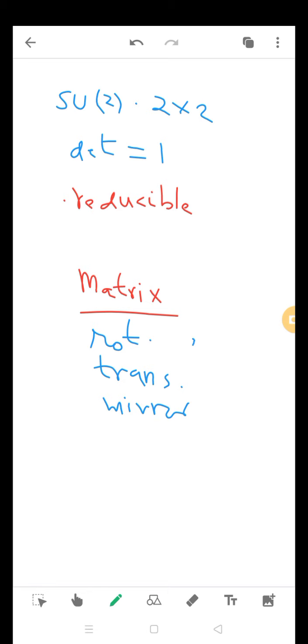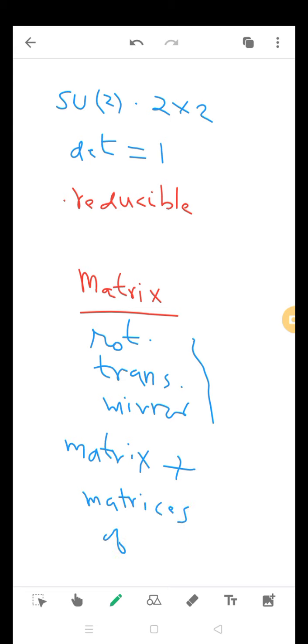All these are represented by a matrix. Now if a matrix can be simplified into matrices of smaller dimensions or smaller order, then we can call it a reducible transformation.